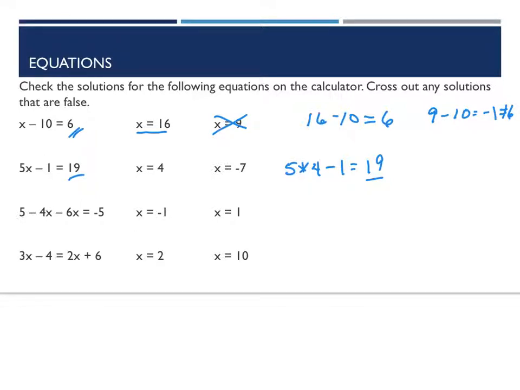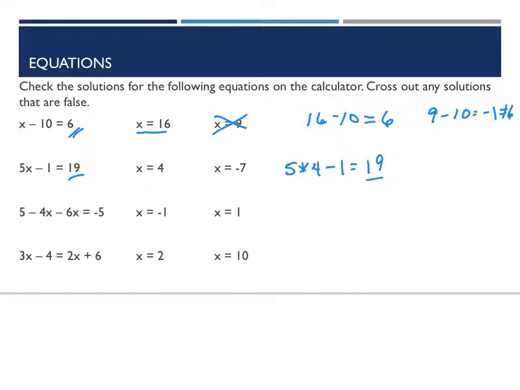What about -7? Now I've been typing in minus on the last 2 problems. On your calculator, negative is a different key. Negative is the key that's down at the bottom, the little negative in parentheses.